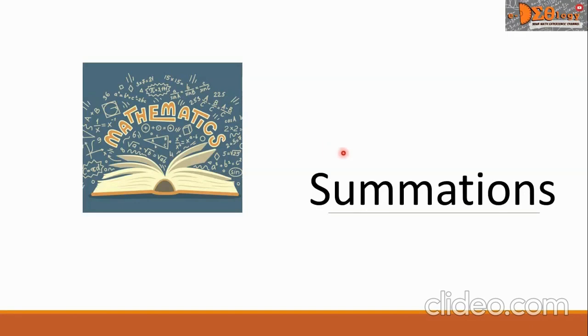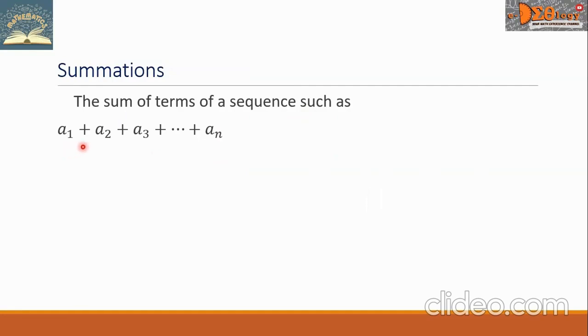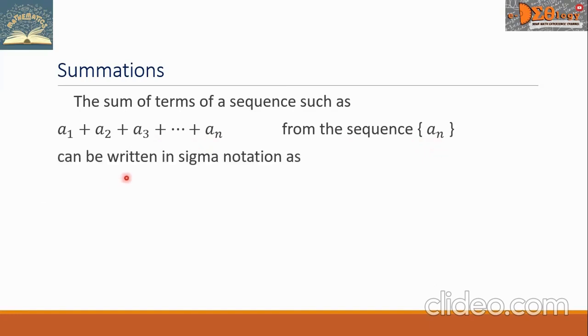Today, we're going to study summations. The sum of terms of a sequence such as a sub 1 plus a sub 2 plus a sub 3 plus up to plus a sub n, this is from the sequence a sub n, can be written in sigma notation like this.